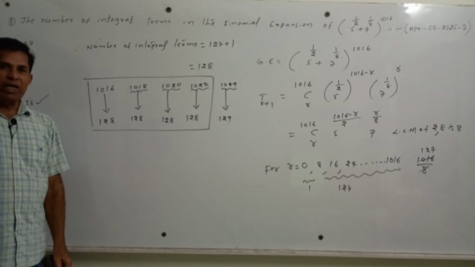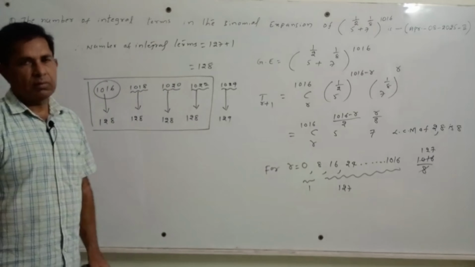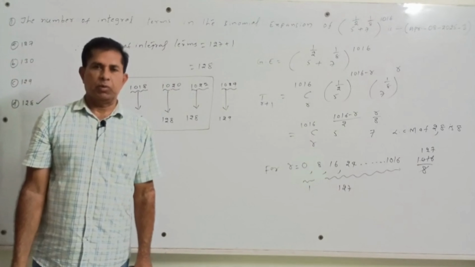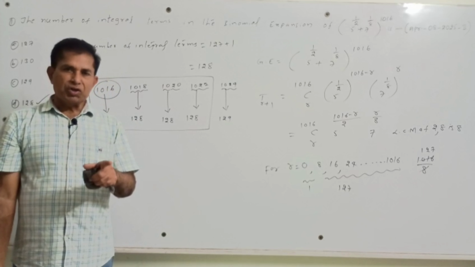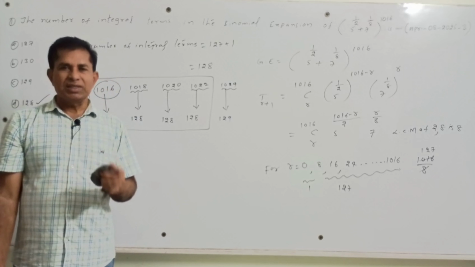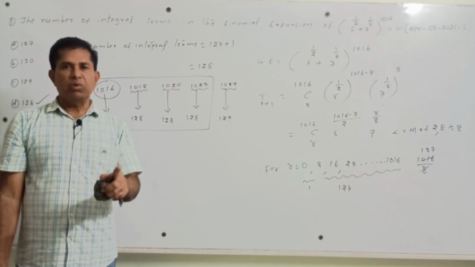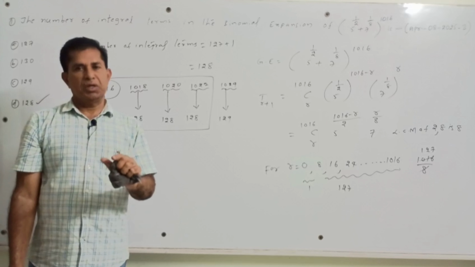So 1016 is the minimum value of the exponent. Further, you can see 1016 is a multiple of 8. What is 8? 8 is the LCM of 2 and 8. So we are going to use this concept in the next solution.